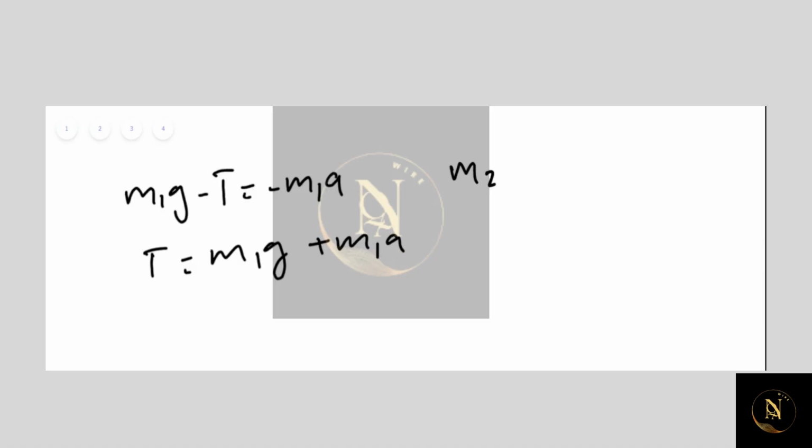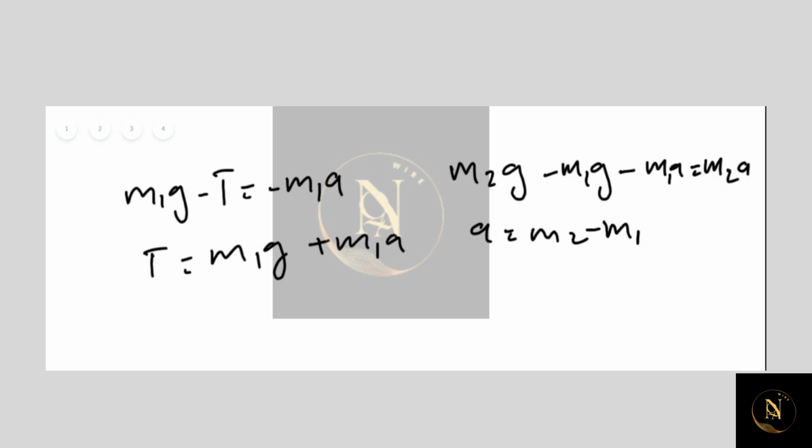Then m2g minus m1g minus m1a is equal to m2a, where a is equal to m2 minus m1 times g divided by m1 plus m2.